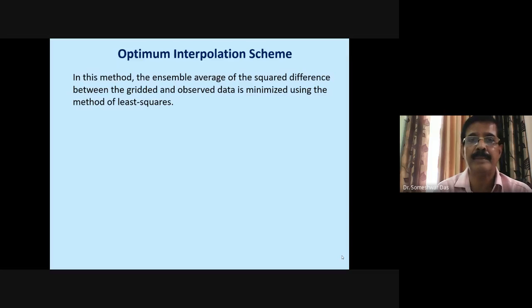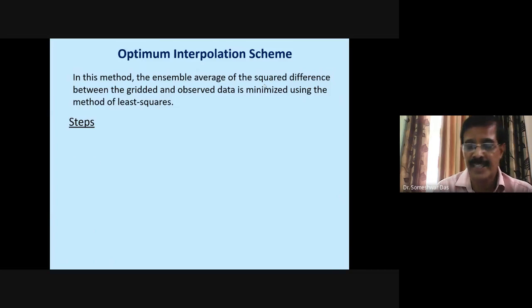Whereas in the case of optimum interpolation, rather than minimizing separately at each grid point, we try to minimize the whole ensemble of the difference between observation and the first guess at all the grid points by using a least square technique. And I mentioned that it's a very complex scheme. So today, be ready to see lots of mathematics, lots of statistics. A lot of statistical techniques are used to minimize the error over the whole grid.